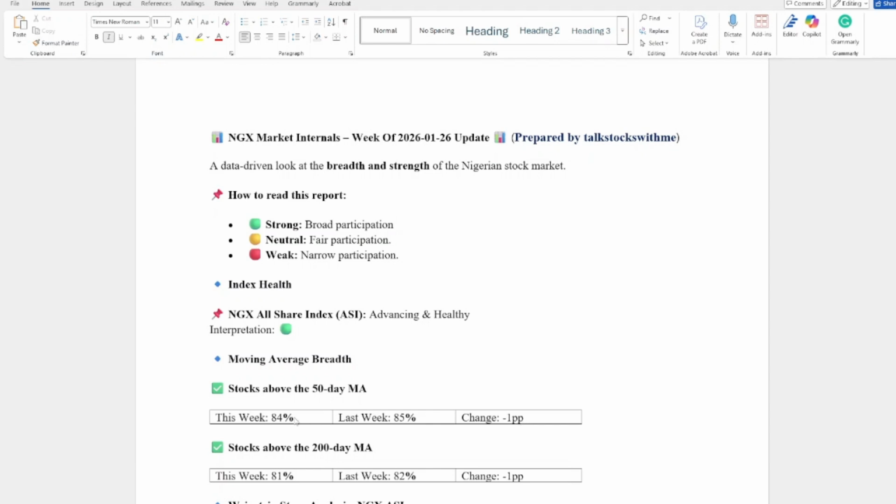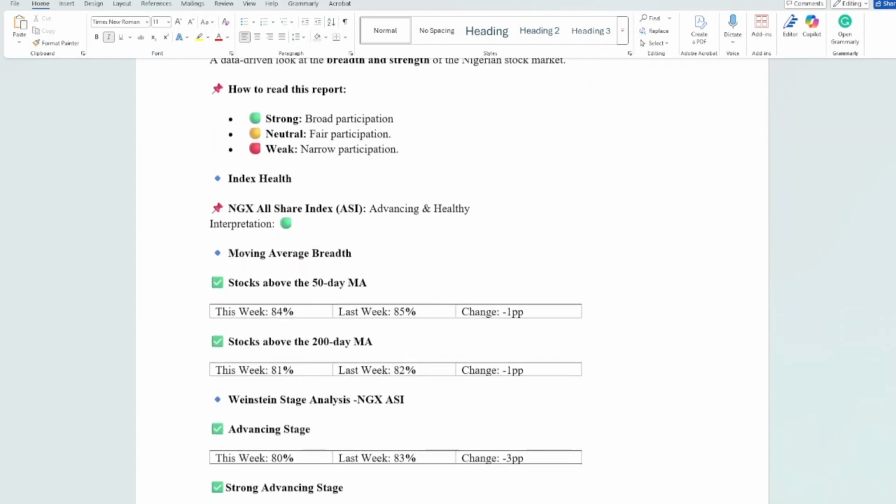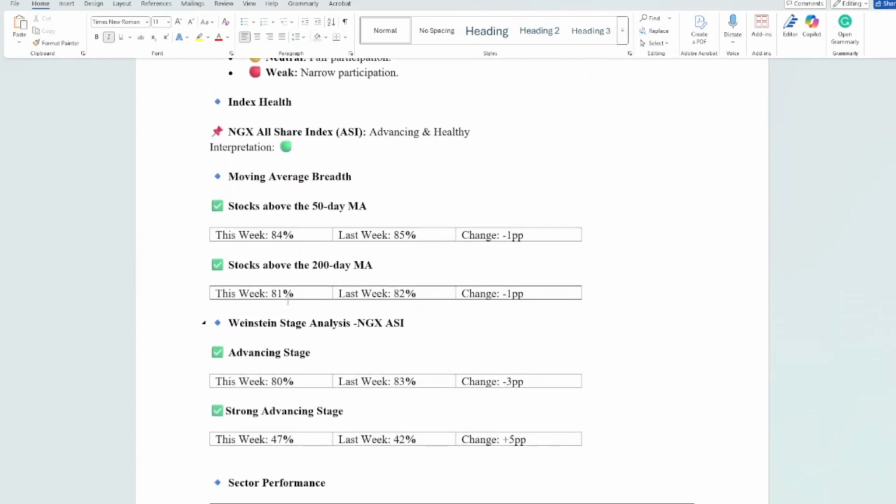The next measure is the percentage of stocks trading above their respective 200-day moving average, and this week it ended at 81% compared to 82% the prior week. So if you subtract 81 from 82, you arrive at minus 1 percentage point. As an examiner, I'm going to score 84% as an A. I'm also going to score 81% as an A.